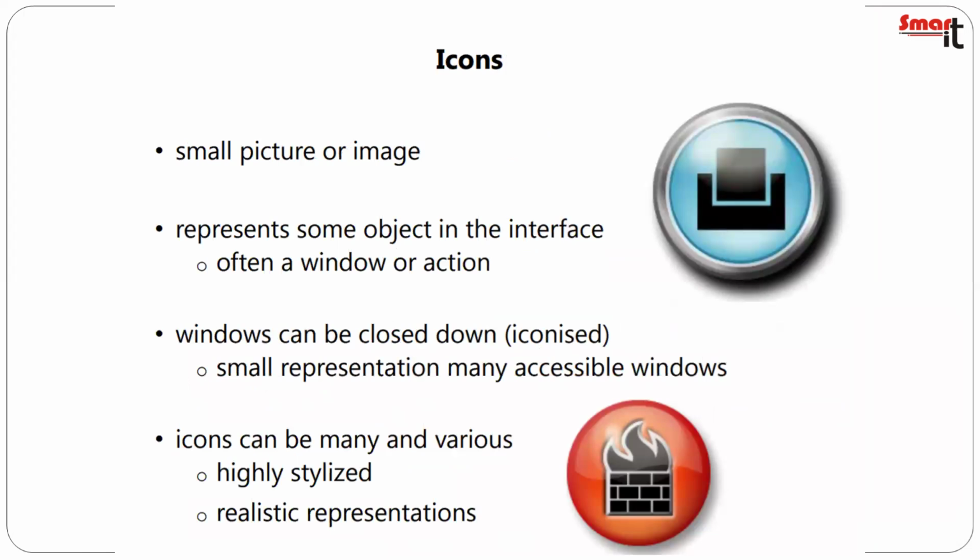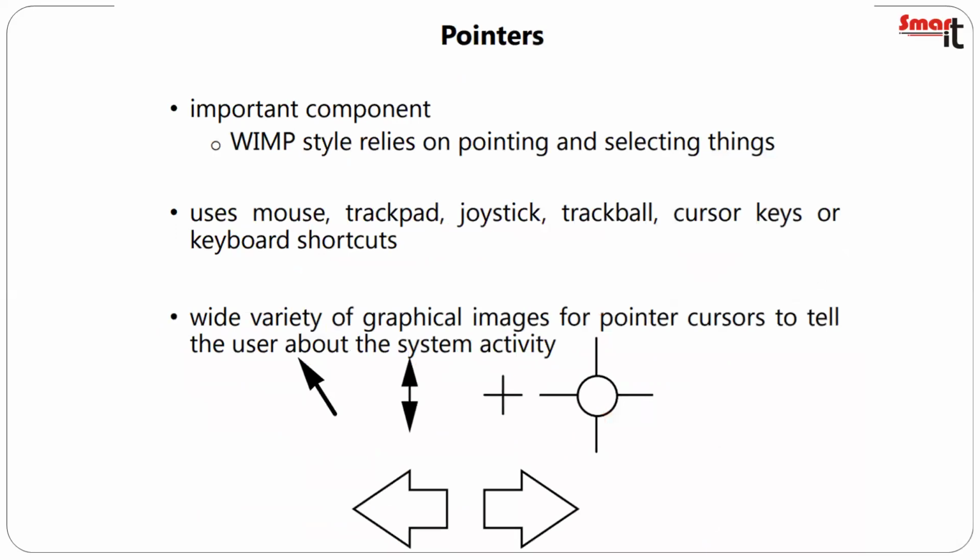And the icons of the WIMP and GUI. You can see icons on your computer and your phone as well. There are so many icons: PC icon, recycle bin icon, folder icon, image icons, PDF icon. And the pointers. The P stands for pointers, mouse pointers.